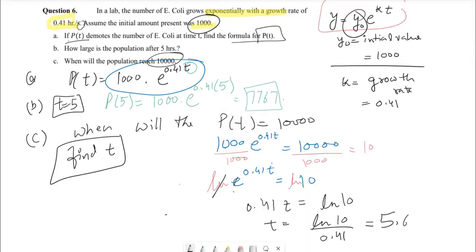So in about 5.61 hours, the population will become 10,000. That is the answer. This is the time in which the population of the E. coli will become 10,000.